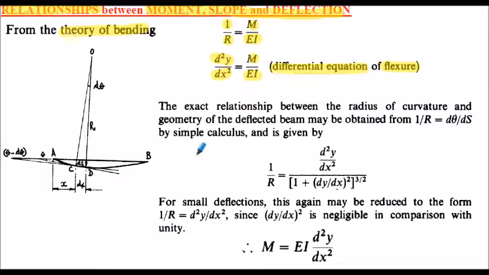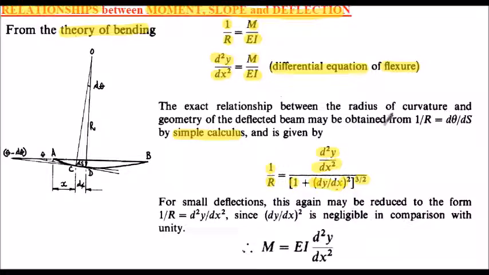It can be shown from simple calculus that 1/R is actually defined as the second order differential equation, d²y/dx², all divided by (1 + (dy/dx)²) all raised to the power 3/2. It's given without proof here. But the point I want to bring out is that engineers often make assumptions in their work.